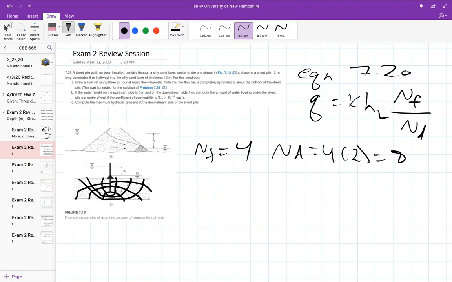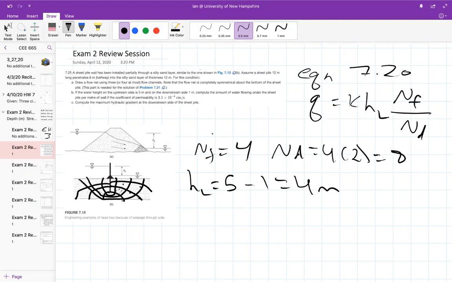The reason I say that is because we want to find the amount of blocks here that are pretty much isolated, right? So we got 1, 2, 3, 4. And the reason we multiply by 2 over here is for each side of the wall. So we have that, and then our head loss is going to be 5 minus 1, which equals 4 meters.